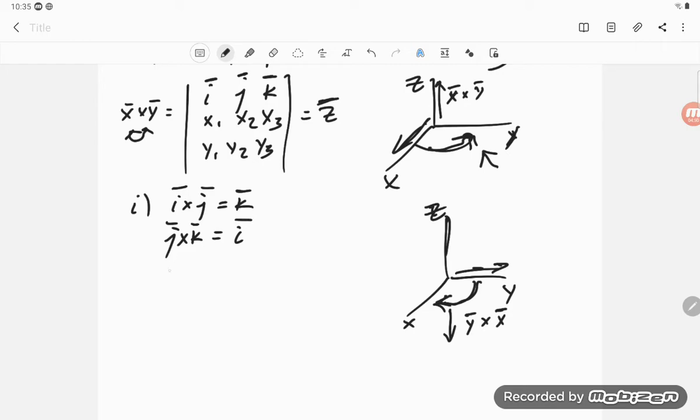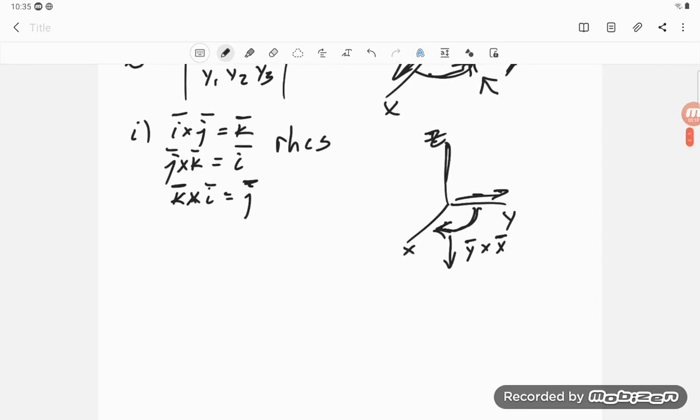And then k cross i, we get j, and so this is a right-handed coordinate system. Okay, so our standard unit vectors work this way. Okay, so that's property 1, or I. They're using Roman numerals. So actually, I'm going to use 1 because I think we need to get rid of Roman numerals.